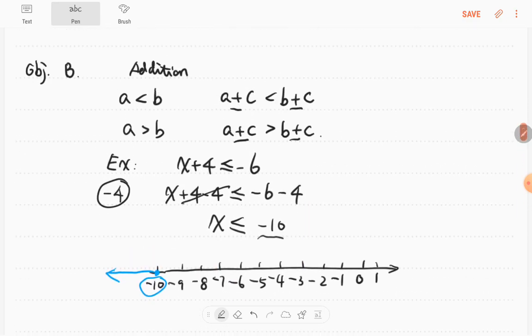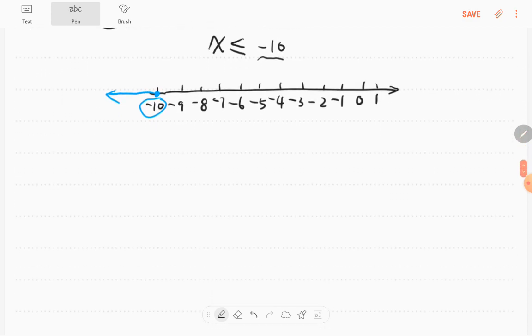Again, you can treat the addition rule just the same as the subtraction rule, because if you treat minus a number, you can treat it like plus a negative number. So next objective is the multiplication property.